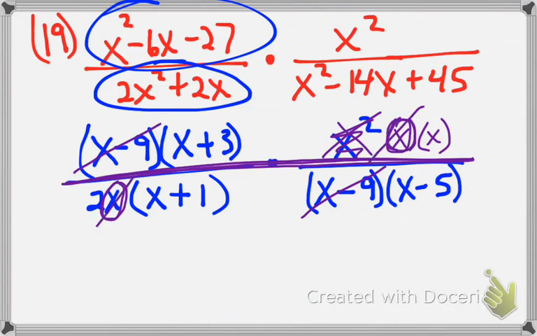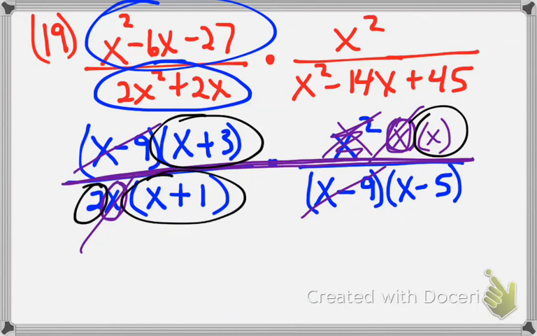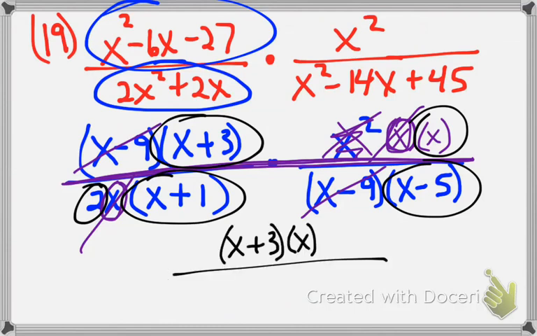So I'm going to cancel one of those. When I check to see what's left, I see x plus 3 is left. One of those x's is still there. The 2 down here is still there. The x plus 1 is still there, and the x minus 5 is still there. So I have x plus 3 times x divided by 2 times x plus 1 times x minus 5.